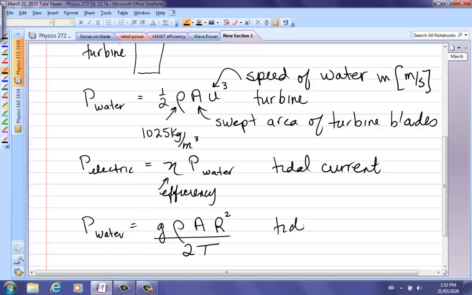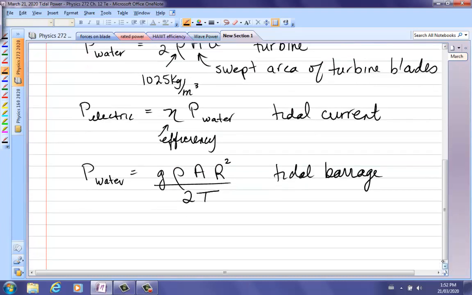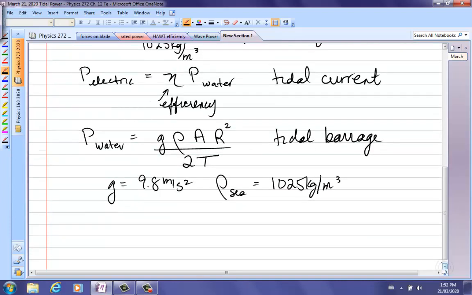This is for tidal barrage questions. Okay, g is as usual 9.8. Rho is for seawater, so that's the 1025. Now A is the area of the basin, and that can be huge. Area of basin in meters squared.